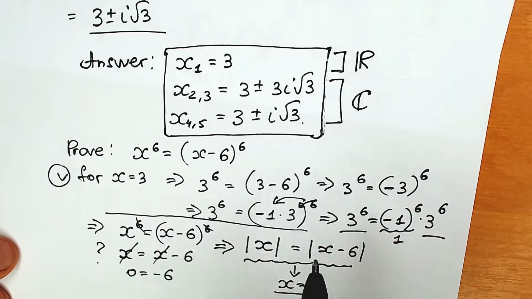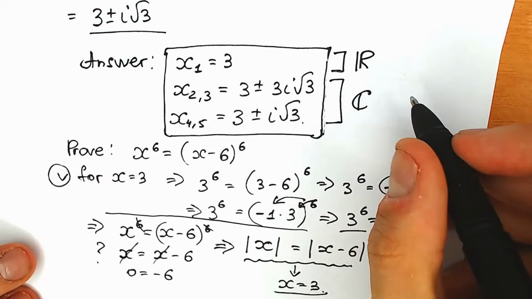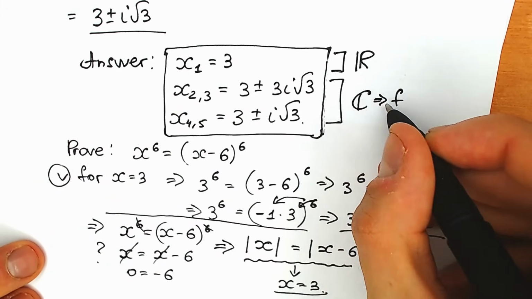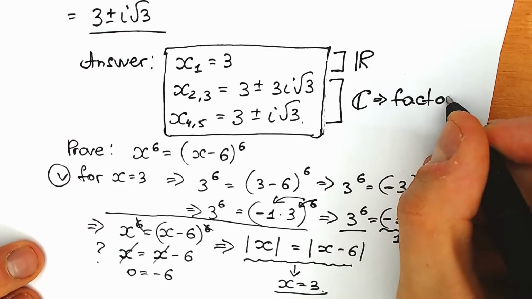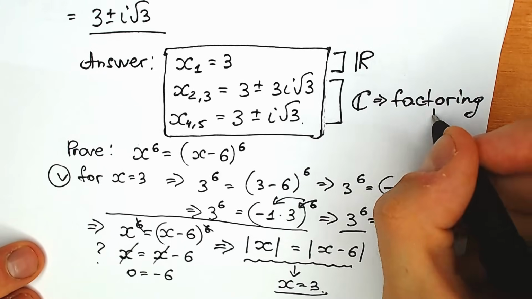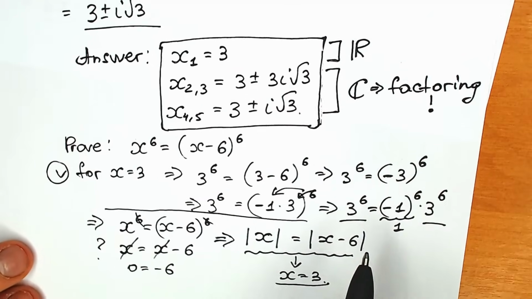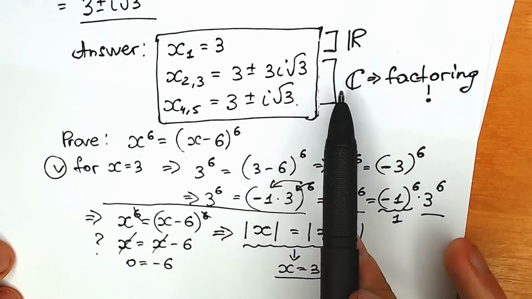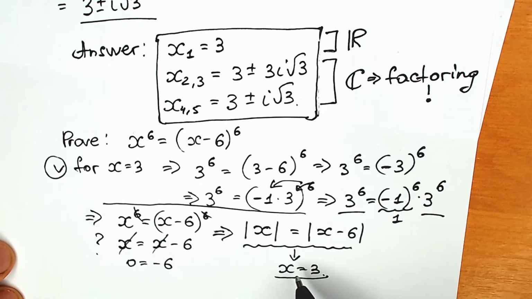And as I said before, factoring is an extremely important way to find complex roots. Without factoring, you can find only x equal to 3. You can easily combine all these absolute values, positive, negative, negative, positive, and you can easily find x equal to 3. But the meaning is absolutely different.